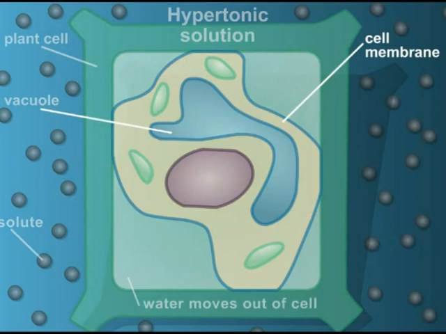The process by which plant cells lose water, shrink and become flaccid is called plasmolysis. Plasmolysis can be reversed when a flaccid cell is placed in distilled water, and this process is called deplasmolysis.